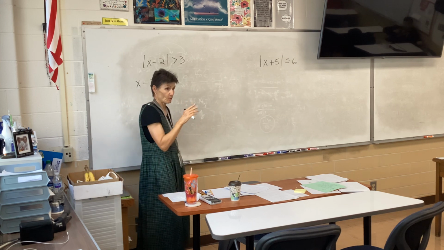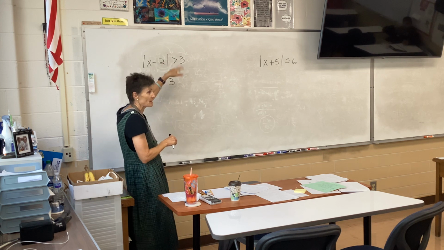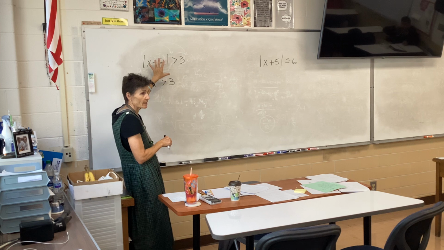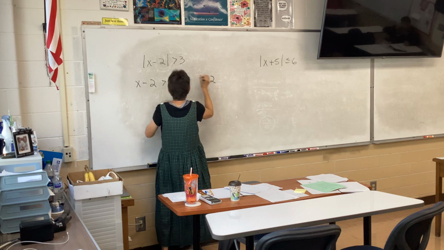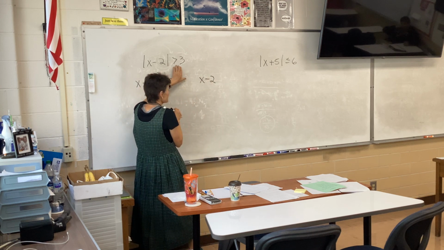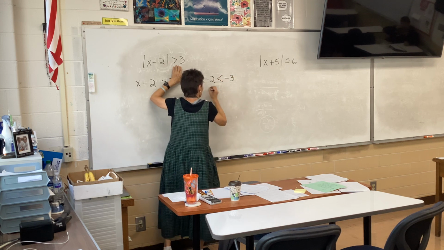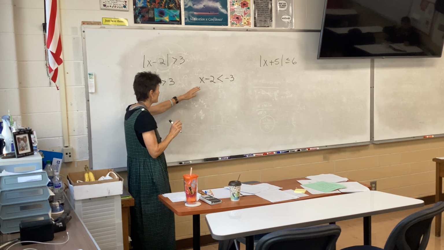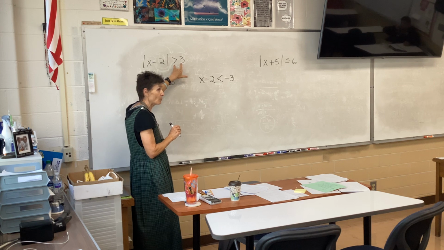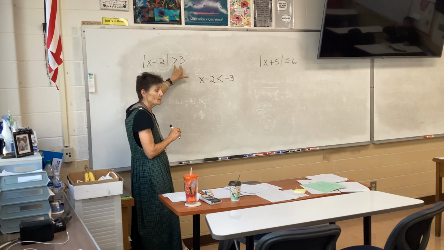So you're gonna break this into two. The first one is exactly what you see, but take out the absolute value. Don't change a thing. The second one is the same on this side, but this becomes less than -3. So in your second piece, you change the sign around and make this a negative. Do you remember doing that last year? No? Okay, well that's what I want you to do.